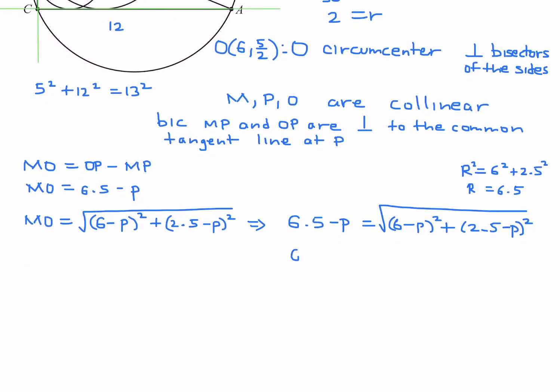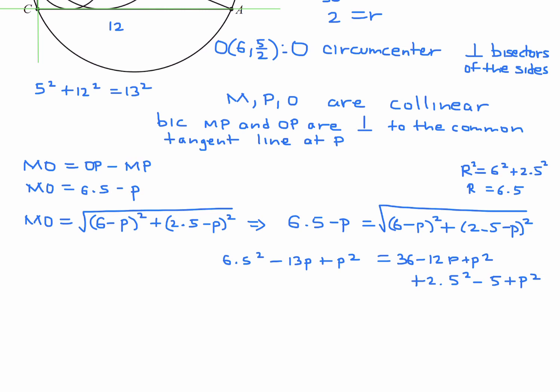And I'll just do it for you, what the heck. If you expand this, you would square both sides, and then you'd get that. Let's expand that. 36 minus 12P plus P squared plus 2.5 squared minus 5P plus P squared. And this side, 6.5 minus P squared, is 6.5 squared minus 13P plus P squared.